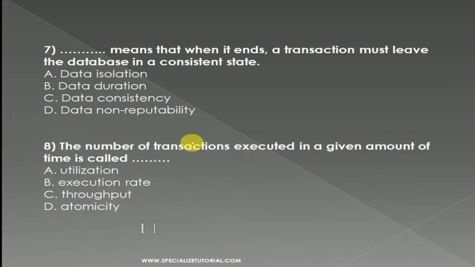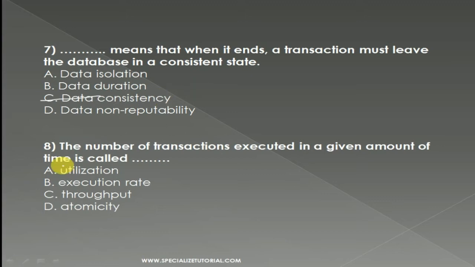Question number 7. Which one means that at the end a transaction must leave the database in a consistent state? Data isolation, data duration, data consistency, data non-repeatability. So C, data consistency means that at the end the transaction must leave the database in a consistent state.